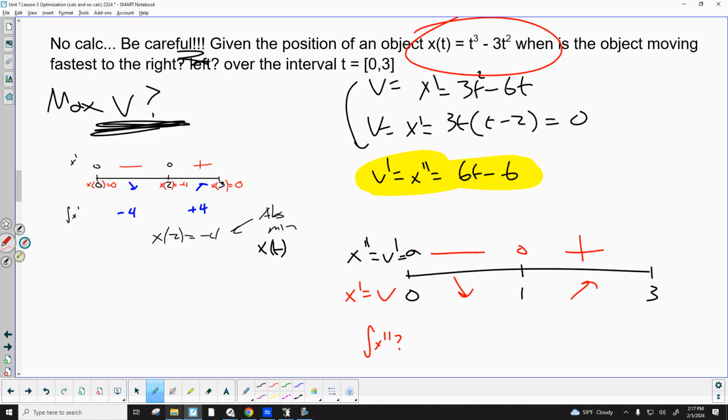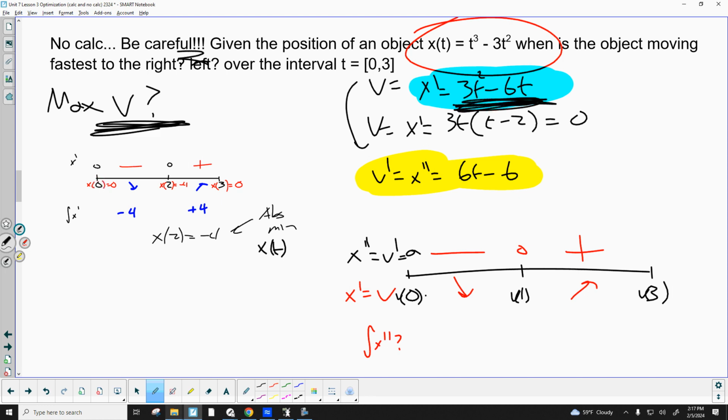Well, since I have a velocity function now, you've got to make sure you find the correct function. This is my velocity. You would find your velocity at 0, your velocity at 1, your velocity at 3. I don't even need to find my velocity at 1 because I know it's a minimum velocity. But make sure you plug it into the correct equation.